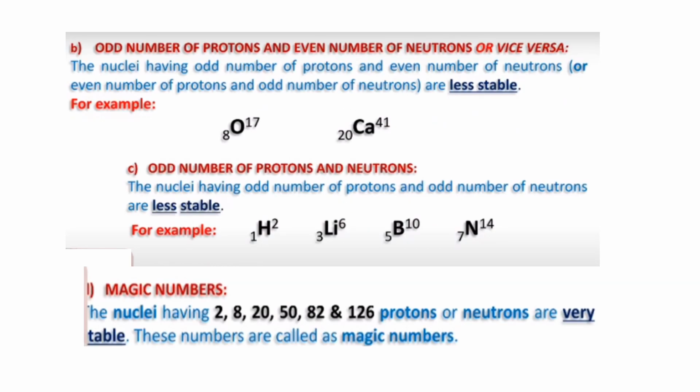Second, odd number of protons and even number of neutrons or vice versa.